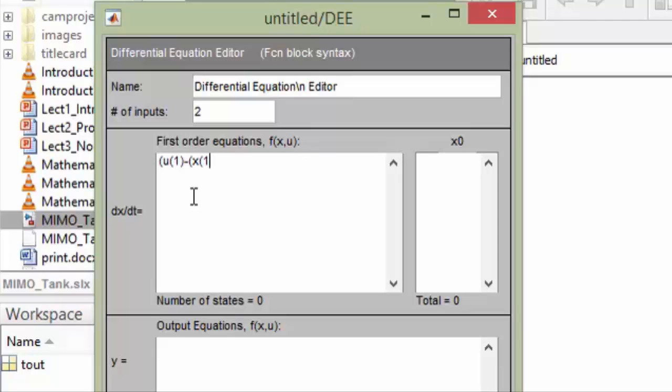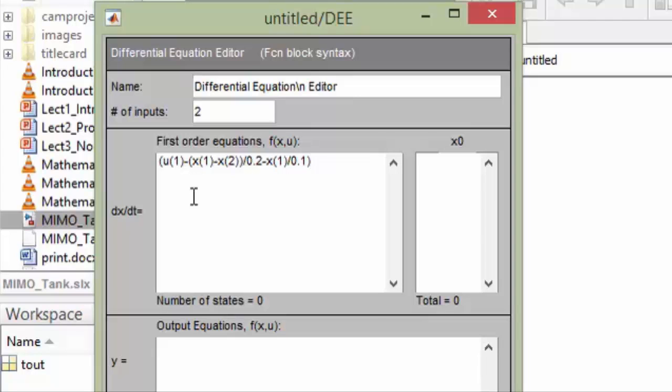All the inputs will be represented with u's, and all the system variables will be represented with x. So u1 is the first tank's input, x of 1 is level 1 and x of 2 is level 2. In the model equation we have u1 minus h1 minus h2 divided by r2, so those parameters are maintained. Then minus, we have another outlet, h1 divided by r1.